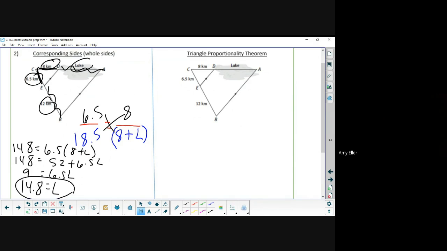Let's write that down over here. Go with 6.5, and then just 12. Just 6.5 and then 12. Go back to the small triangle, 8. And then you just get to pick this shortcut, just L for lake. No adding, no getting a full side, just a quick shortcut, just the numbers you see.